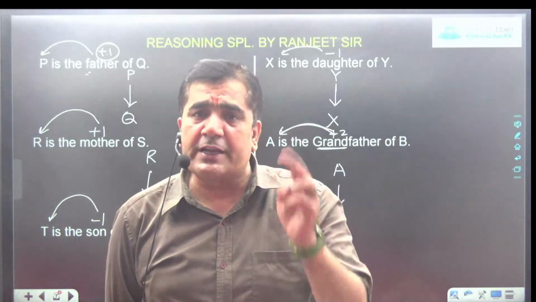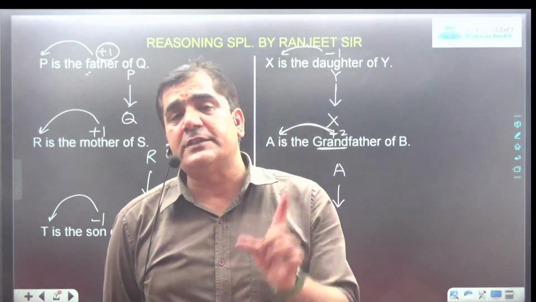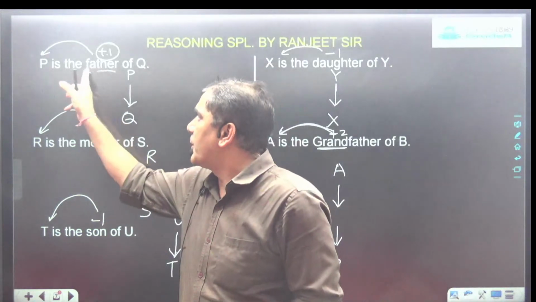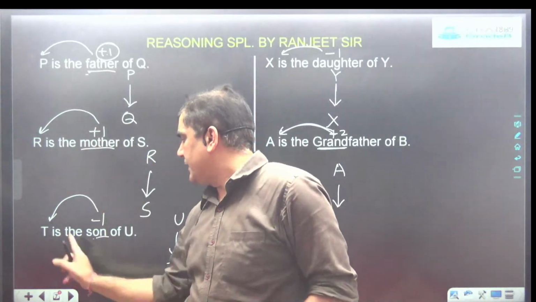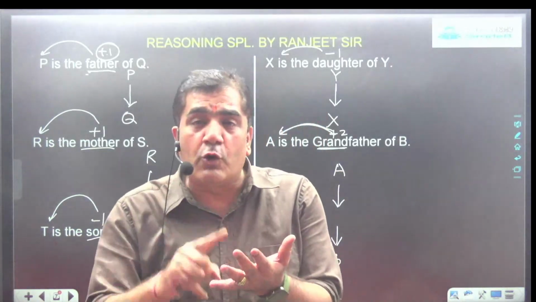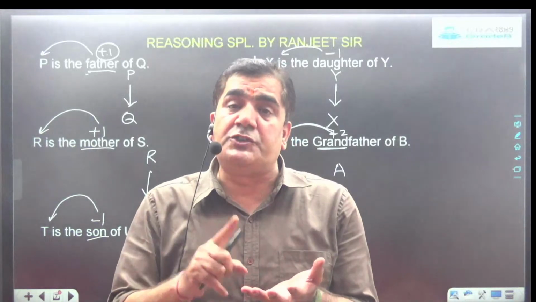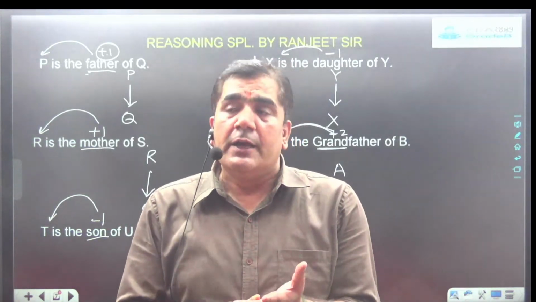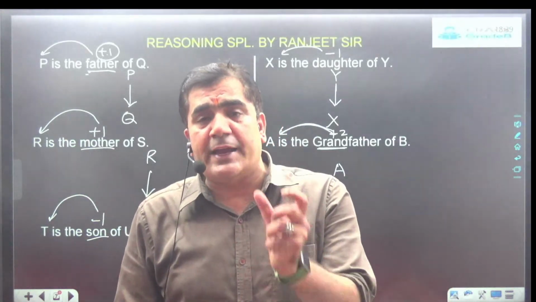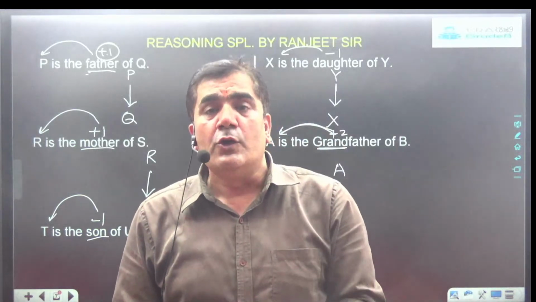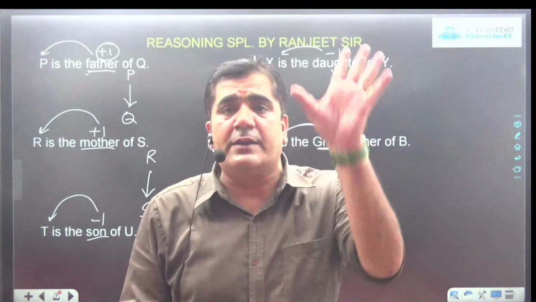Now, always remember, while reading the statement, you should take care of 2 things. First is the relation that will be given in the problem. And second, which most of the students ignore in the exam, is gender. You should not ignore the gender. While reading the statement, find what relation they have given, and thereafter find whose gender they have given.